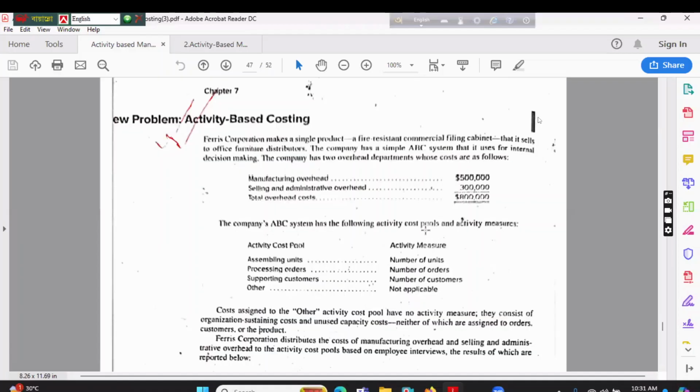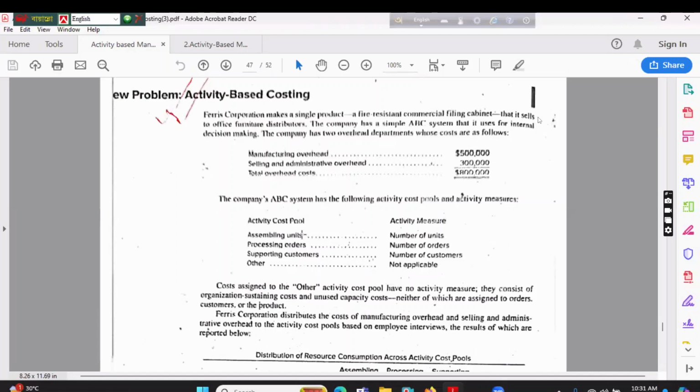and activity measures. The company has the following activity cost pools and activity measures. Activity cost pools, where cost of activity is accumulated, or as mentioned earlier, cost centers or activity accounts: assembling a unit, processing orders, supporting customers, other.